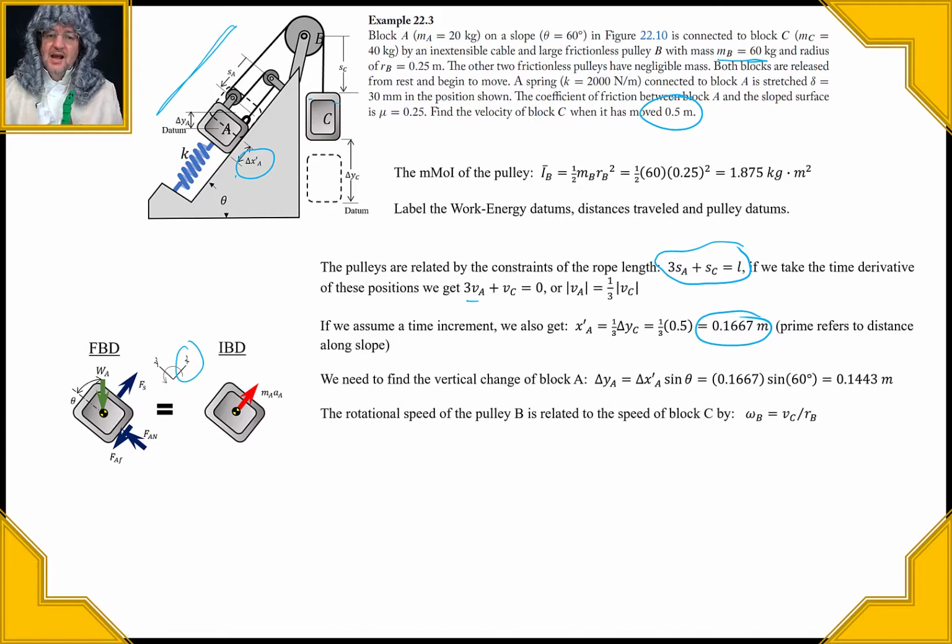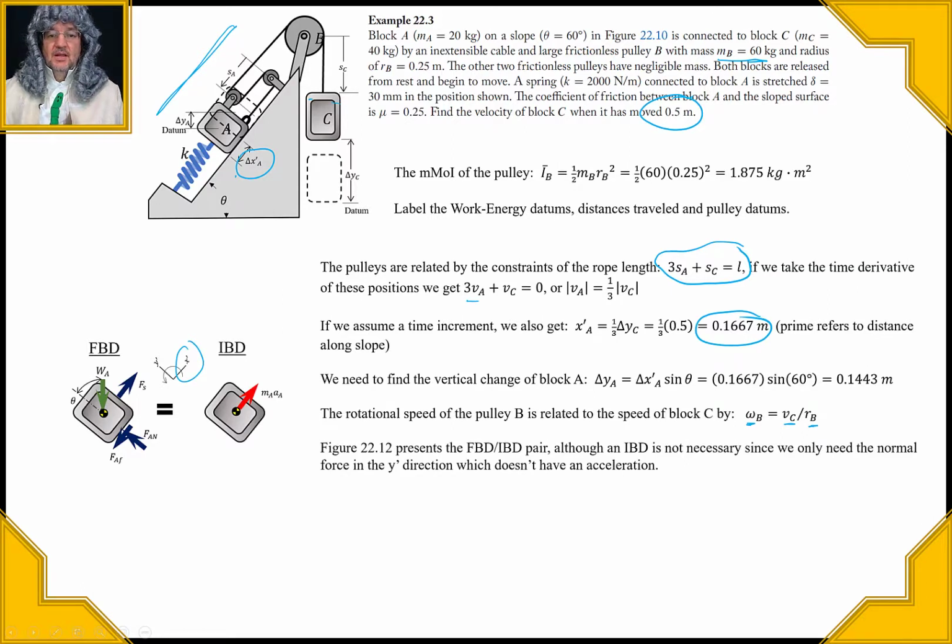And now the angular speed of the pulley, we can relate that to the velocity of C by way of just a simple relationship: the tangential velocity along the edge of pulley B is going to be equal to the velocity at C. Therefore, we can write out what that angular velocity relationship is going to be.